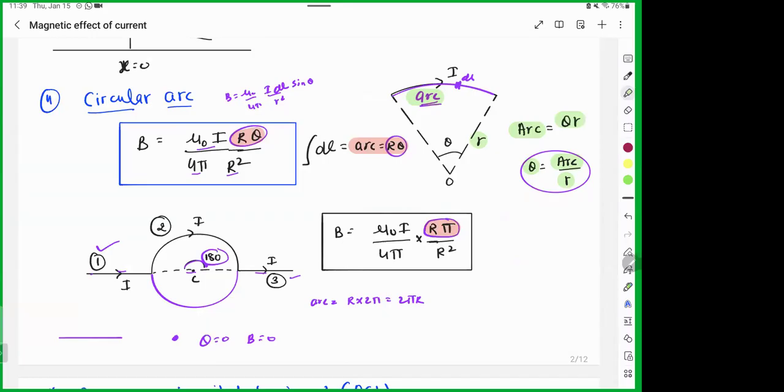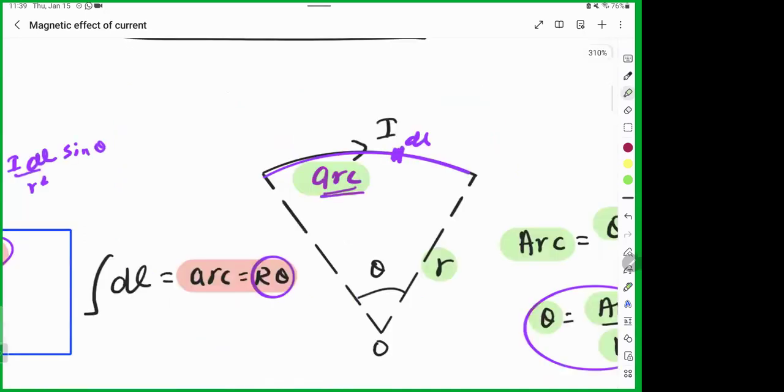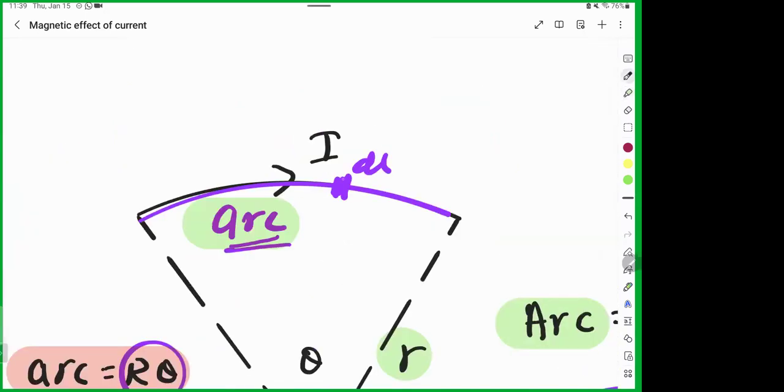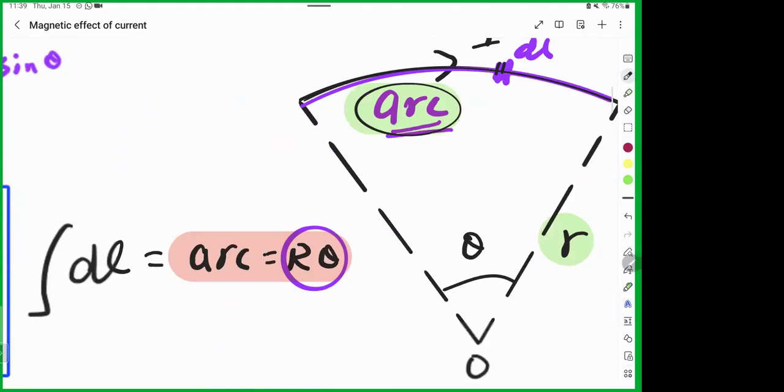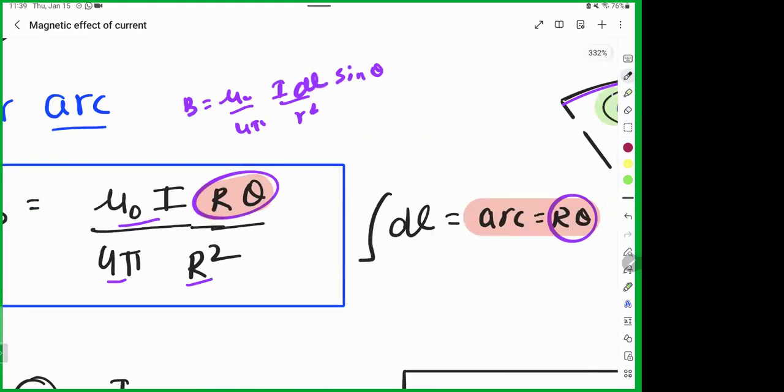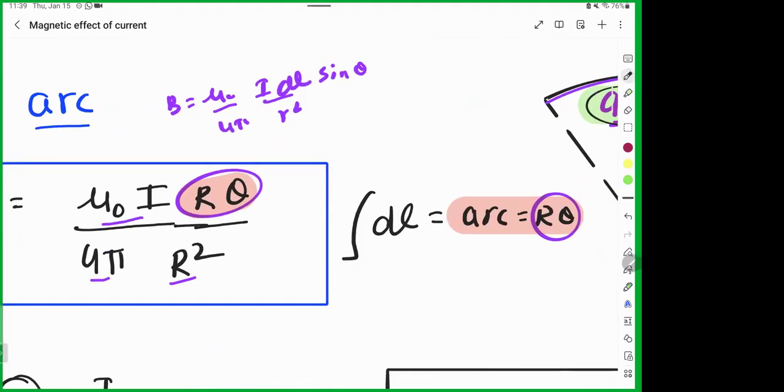And if you take the dl integration in this situation, what will be the integration of dl? Total length, and total length is the arc. So the integration of dl will be equal to the arc, and the arc is equal to r theta. We wrote the same stuff here.